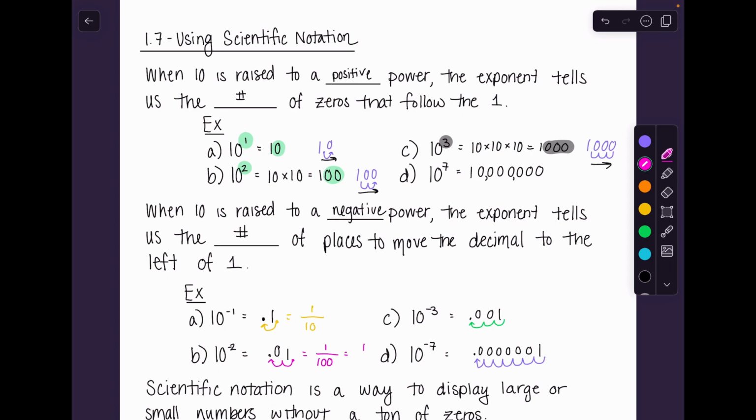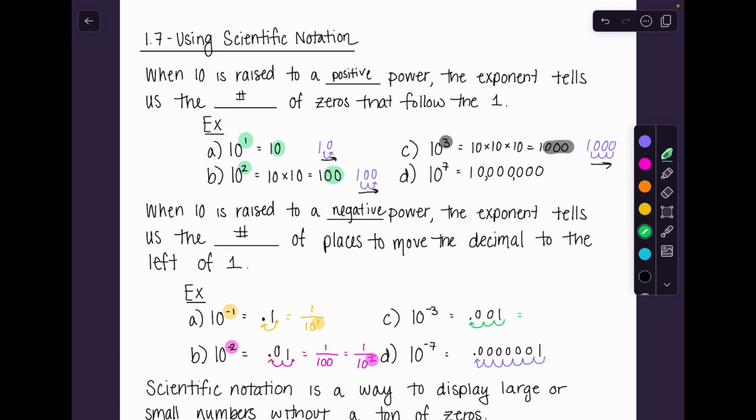Or really, 100 is 10 to the second. And same thing up here, 10 is the same thing as 10 to the first. So what actually ends up happening is when you have a negative exponent, it's telling you to move that thing into the denominator position instead, and you're going to end up with a small fraction.